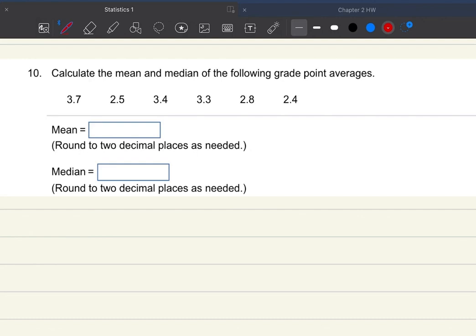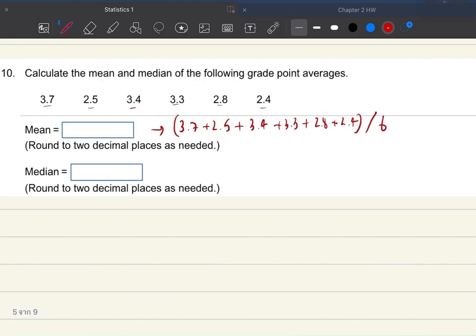So the mean will equal 3.7 plus 2.5 plus 3.4 plus 3.3 plus 2.8 plus 2.4, all of it divided by 6, because we have 1, 2, 3, 4, 5, 6.